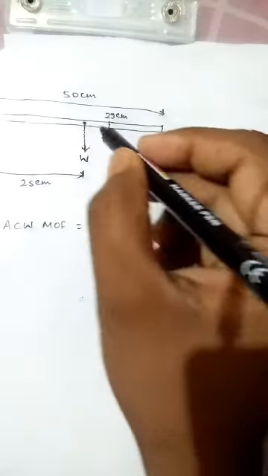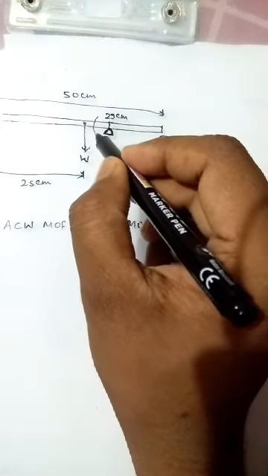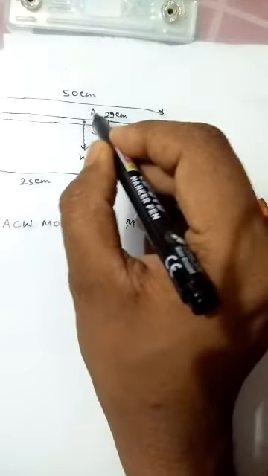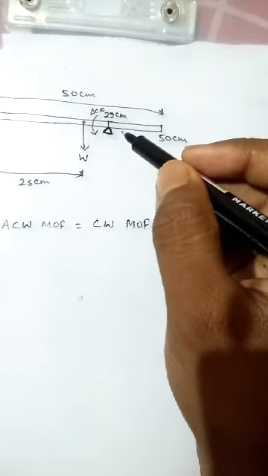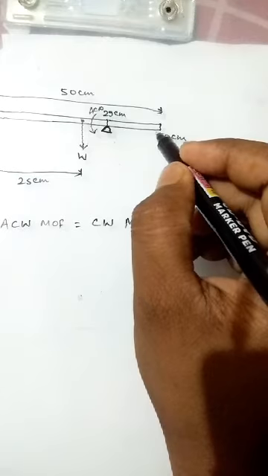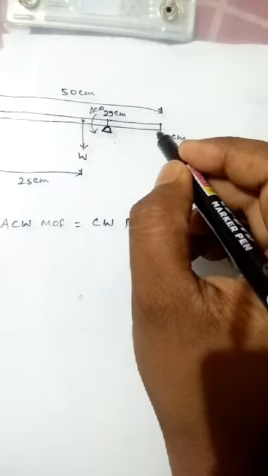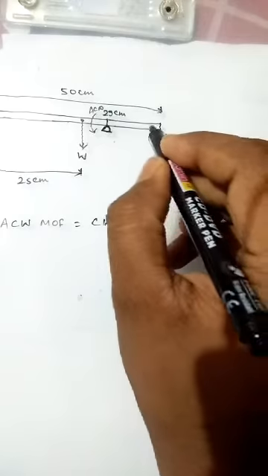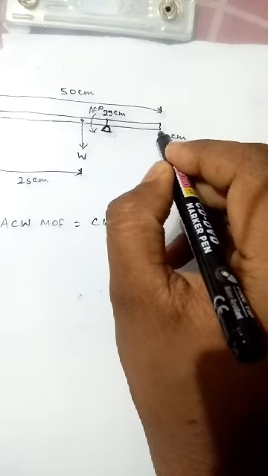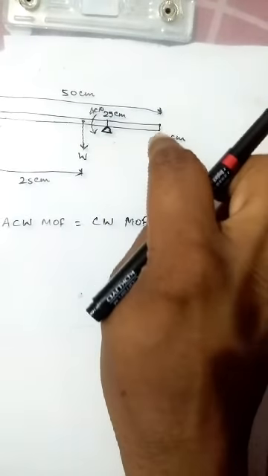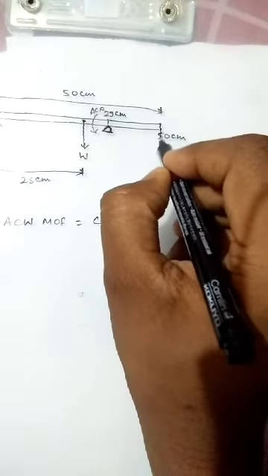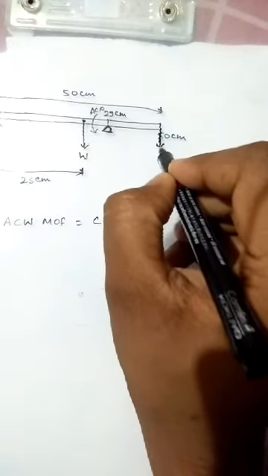W causes anti-clockwise moment. Therefore, for balancing, the 20 GF force will provide the clockwise moment. The location of the force is at this end, in downward direction.